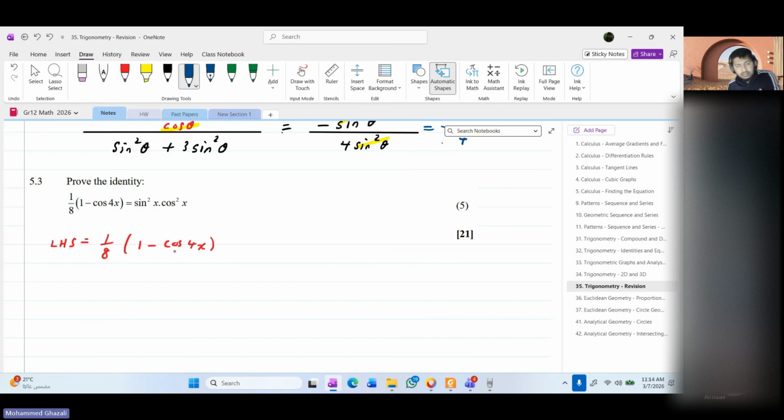So cos 4x is the same thing as saying cos 2 times 2x, okay? Now I think we should just put it in terms of cos only, right? So it's like cos 2 theta. That's basically 2 cos squared theta minus 1, right?